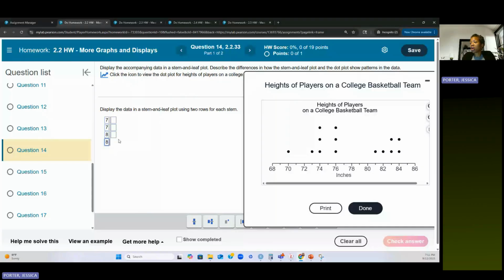So what is going to go in this first box? What leaves will go in the first box? 0, 3, and how many 4s? There are 3 4s.